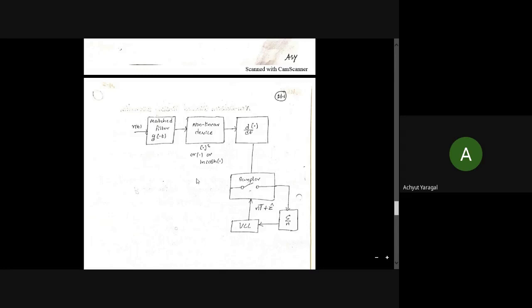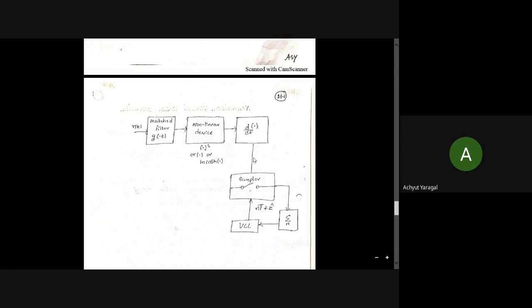The only thing that we change is a non-linear device, that is, we are going to implement the square law approximation. It is a non-linear device. In the previous diagram, you could see that the output of the matched filter was differentiated. Now it is not the case: this square law approximation is introduced between the matched filter and the differentiation.